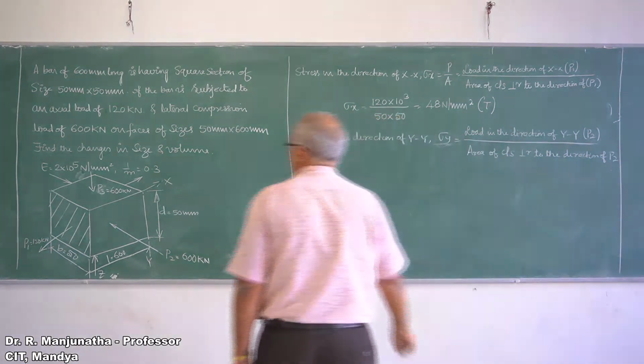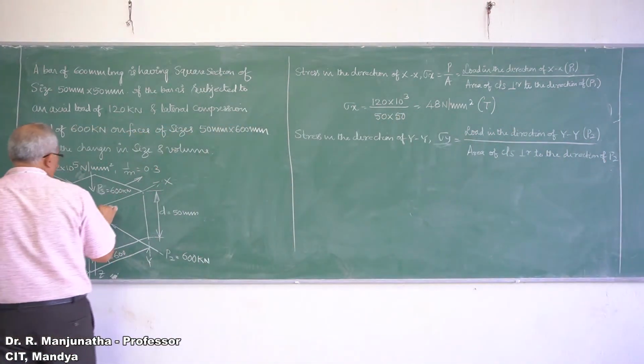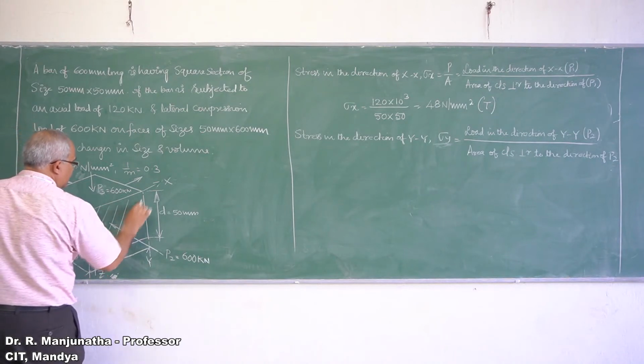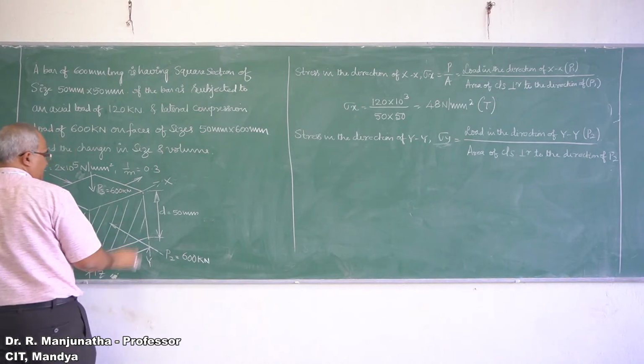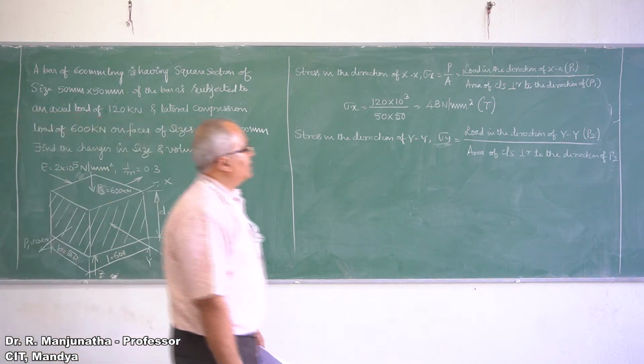Here it is a compressive load. So the area of cross section is 600 by 50.